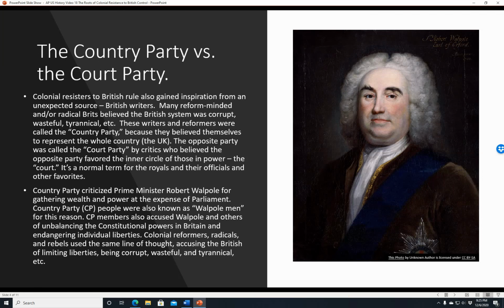Colonial reformers, radicals, and rebels used the same line of thought, accusing the British of limiting liberties, being corrupt, wasteful, and tyrannical, etc. So you've probably seen people in the United States who express very similar ideas about American government. So that's where this comes from.